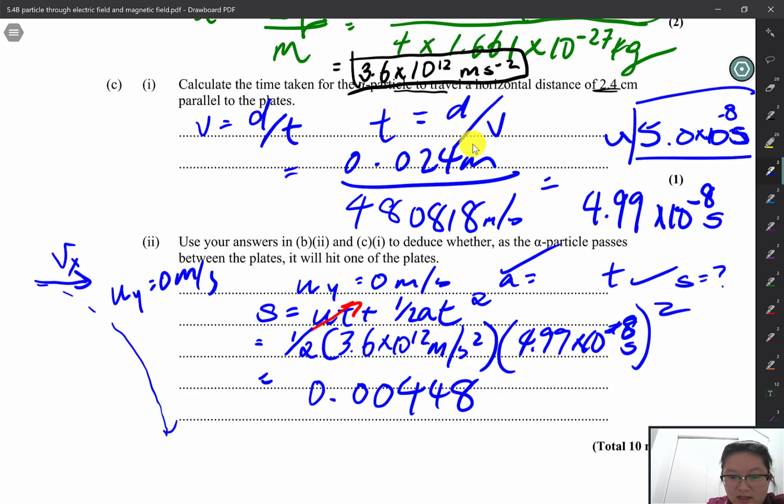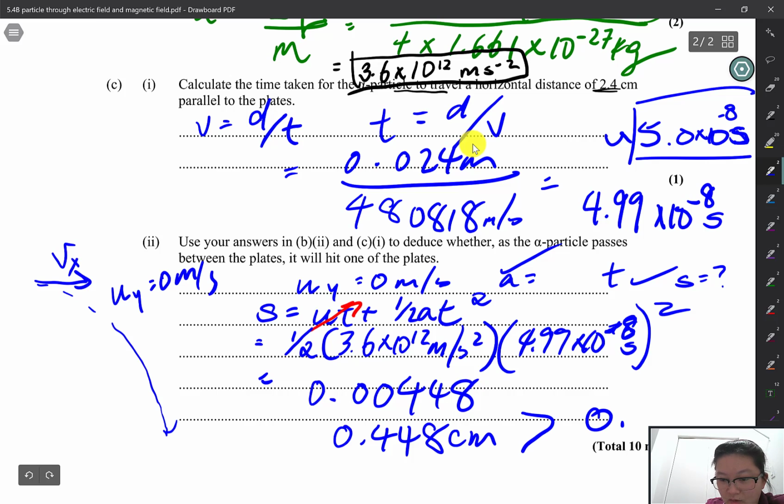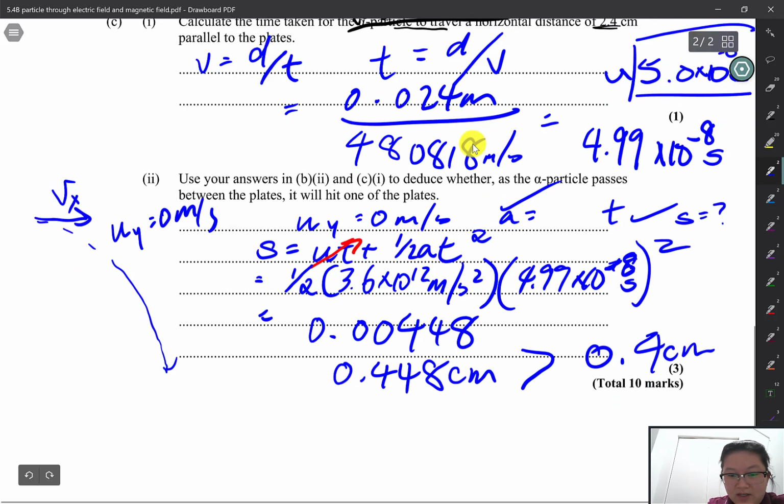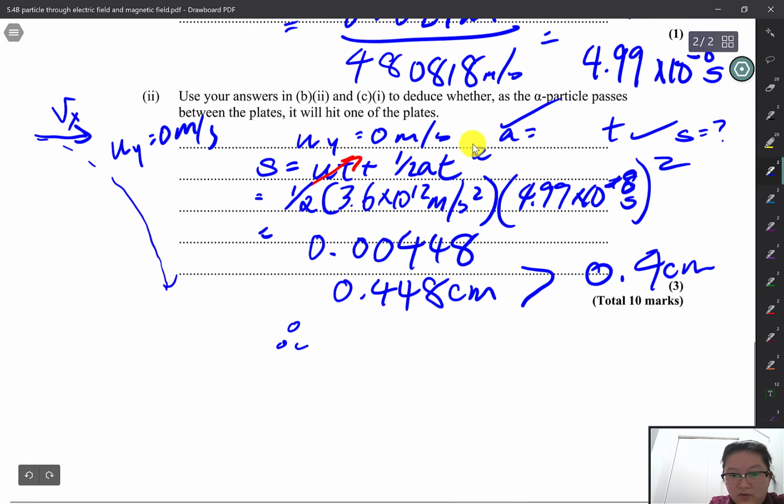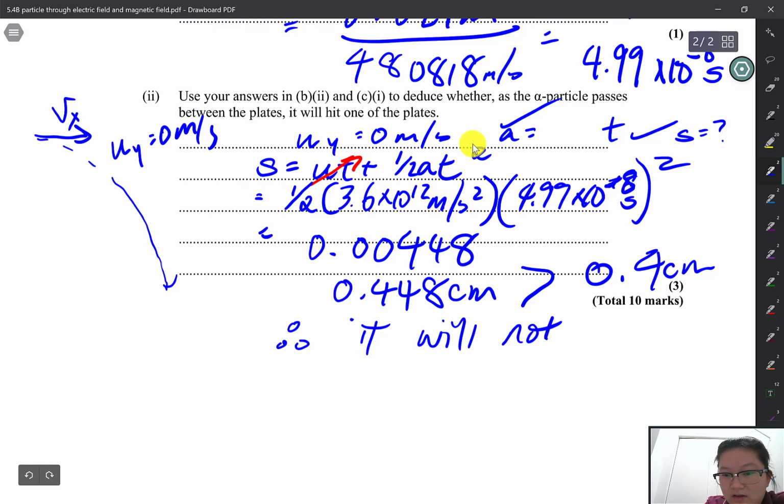So this is essentially 0.448 centimeters, which is greater than 0.4 centimeters, meaning, therefore, it will not make it to the other side. Okay, so that's how you can show that.